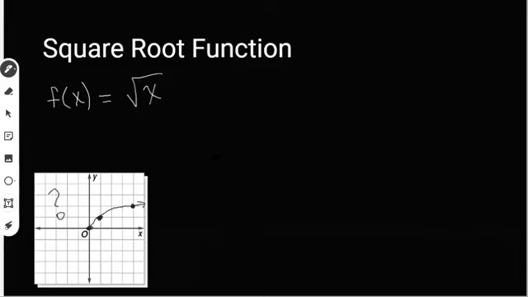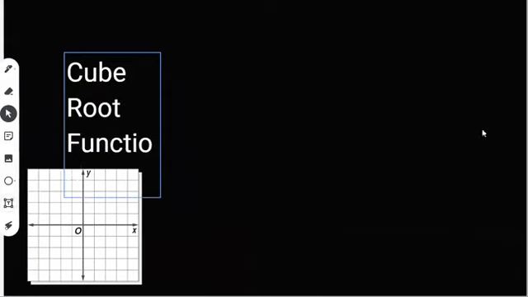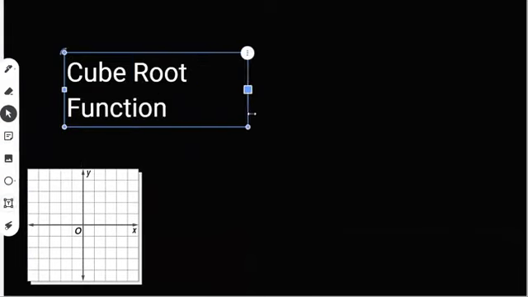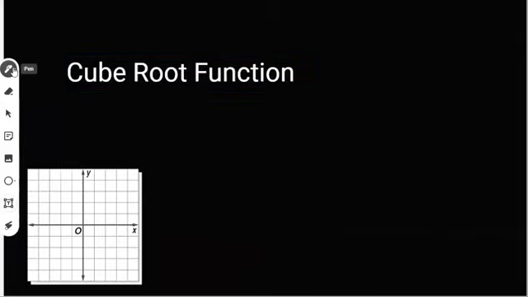So that's what the square root function looks like. Now, you could also have the cube root function, and that's what we're going to talk about next. The cube root function. This one is totally different. So let's talk about it. Okay, so what's the formula for this one?